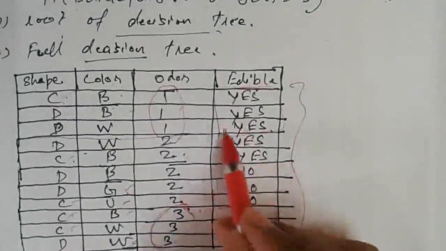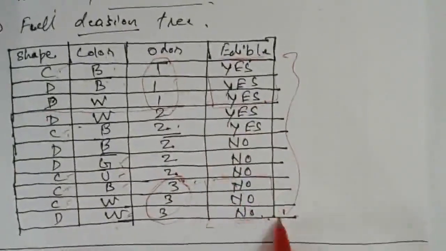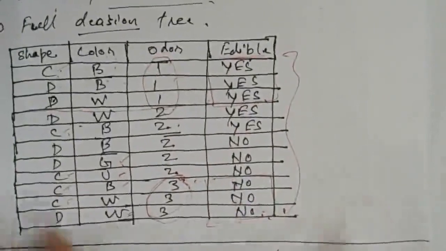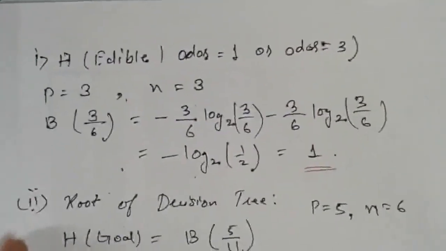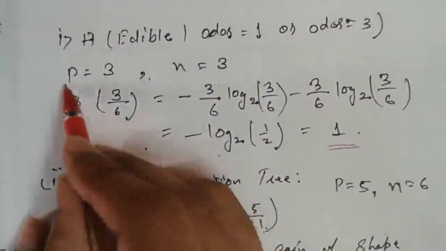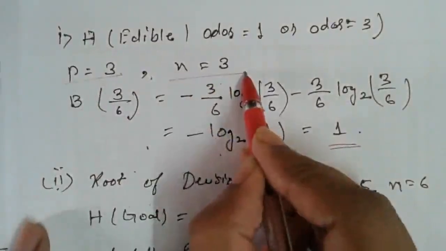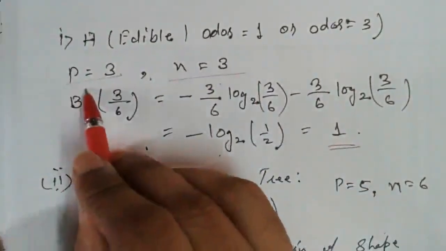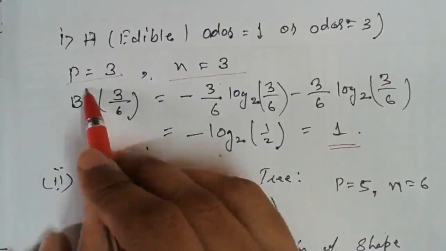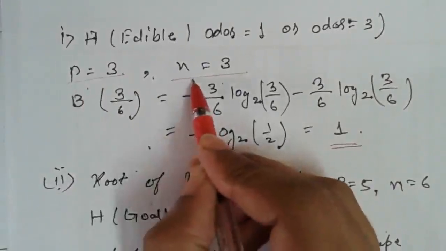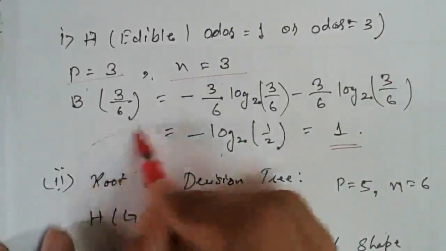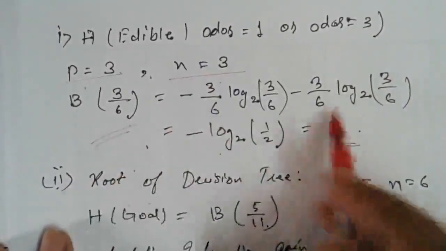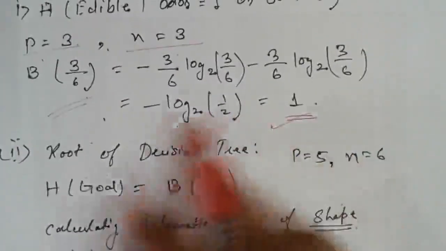We have total number of yes as 3 and total number of no is equal to 3. So the entropy can be calculated as: here P is equal to 3 and N is equal to 3. That is important. Every time we have to calculate the number of positive values and the number of negative values. So this entropy is equal to B of 3 upon 6, that is 1. It is simple.